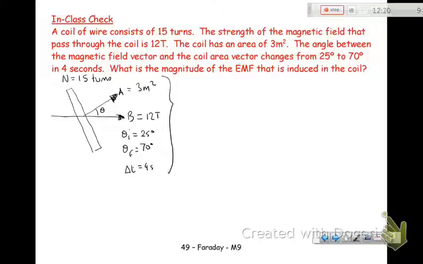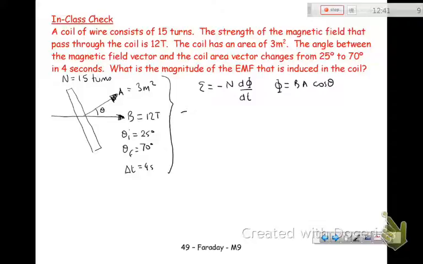So I say, well, Faraday's law says that EMF is equal to minus n d phi by dt. And if you like, I can say my phi is equal to BA cosine theta.